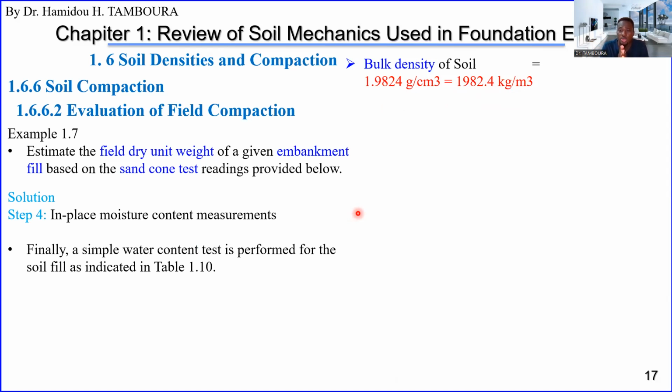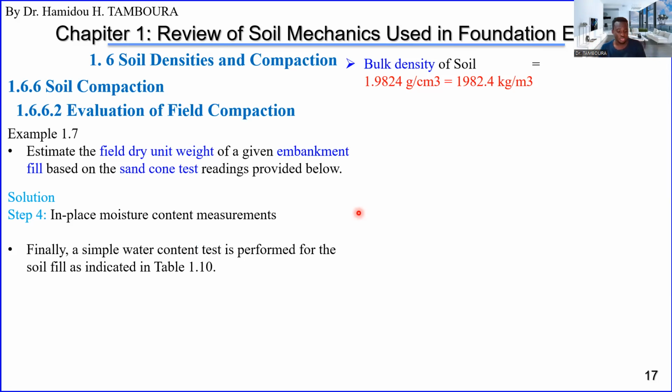You already know the total weight, the wet weight of the soil. Then you go and dry it and find the dry weight. And you do wet weight minus dry weight, and you will obtain the water content.